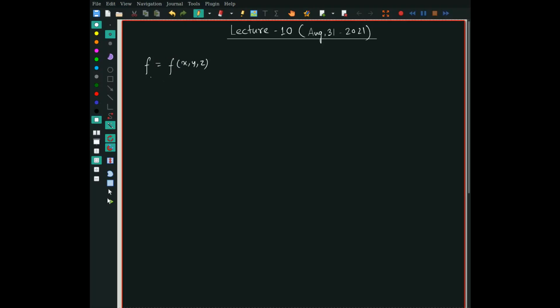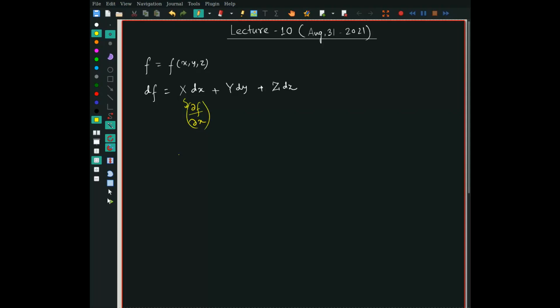Then you computed df, which was X dx plus Y dy plus Z dz, and so these things were basically the derivative of f, so this was del f del x.